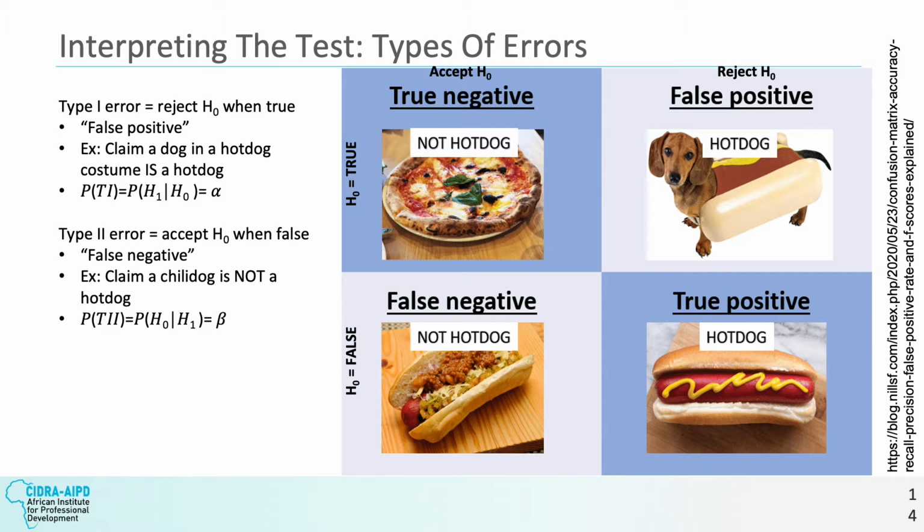However, if we see the picture of the classic hot dog and reject the false null hypothesis, we would correctly conclude that we have a hot dog. The probability of making a type 2 error is equal to the probability of accepting the false null hypothesis instead of the alternative hypothesis, and is given by beta.